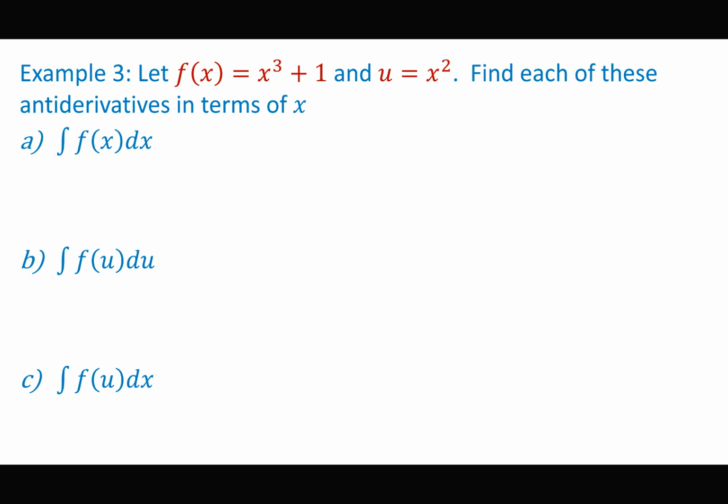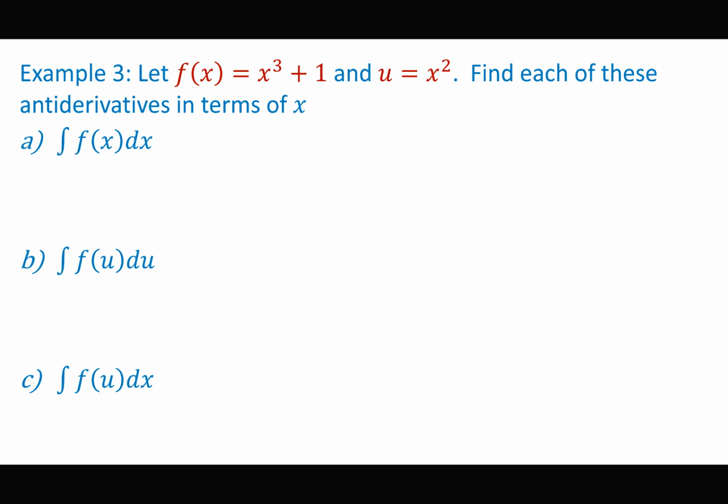Okay, so let's do a little practice here to show how things change based on if we have a du or dx, or an f of x or an f of u. So we have two functions. f of x is x cubed plus 1, and u is x squared.